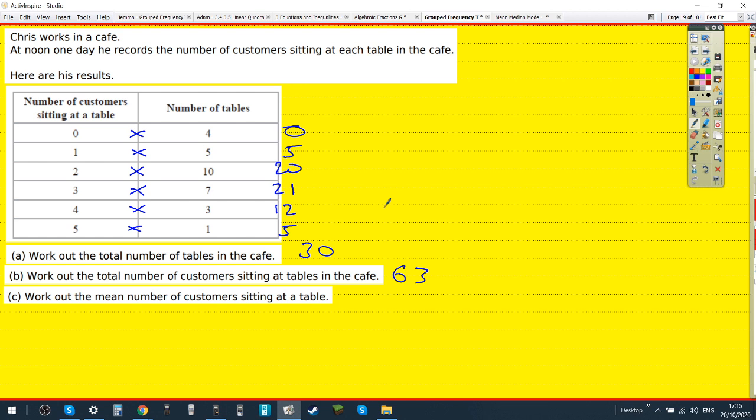So you have to do 63 divided by 6. It's not divided by the categories. It's divided by total tables. Oh, so divide by 30. Yep.